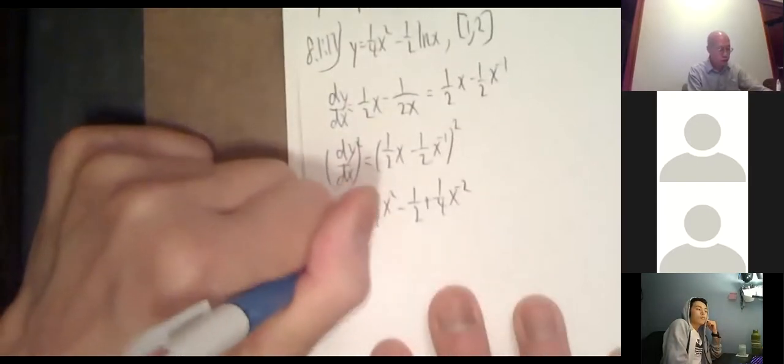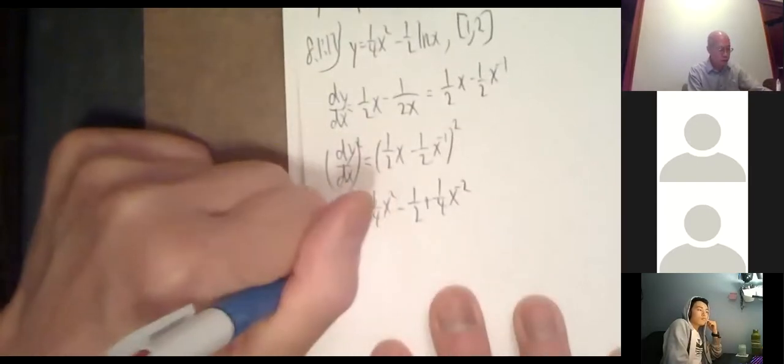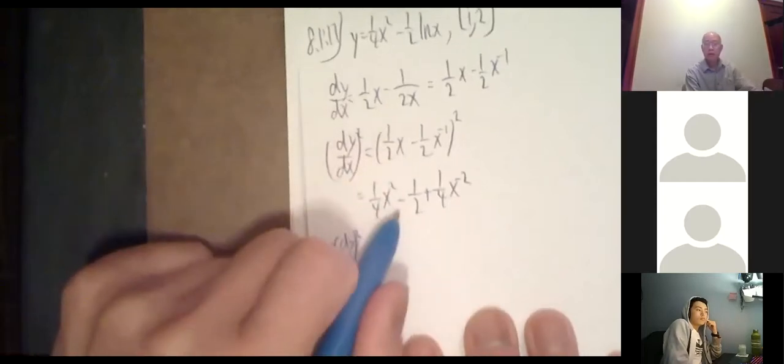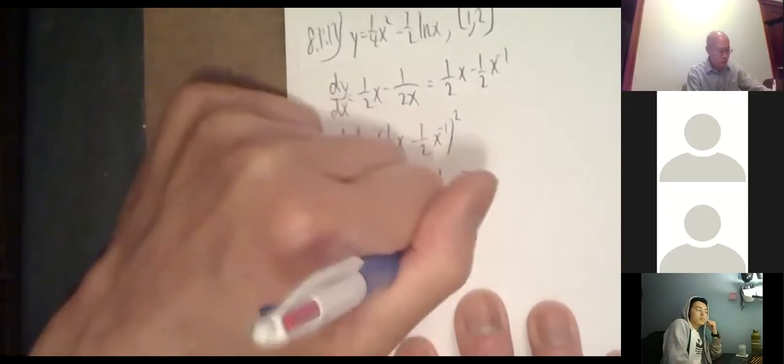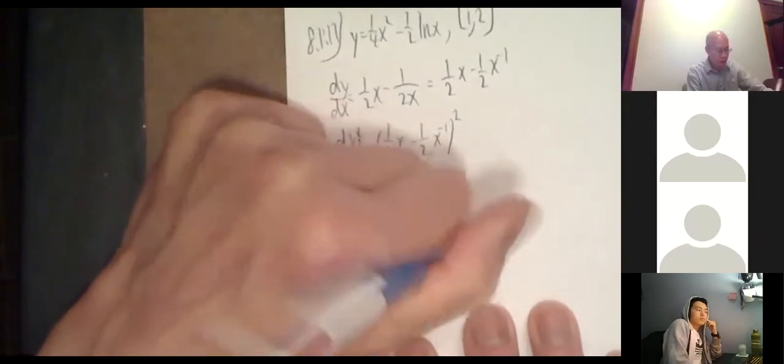So 1 plus dy/dx squared. If I add 1, the minus half just changes to plus a half. 1/4 x squared plus 1/2 plus 1/4 x to the negative 2.